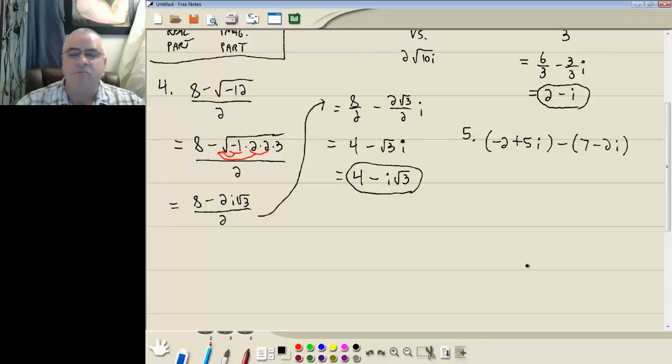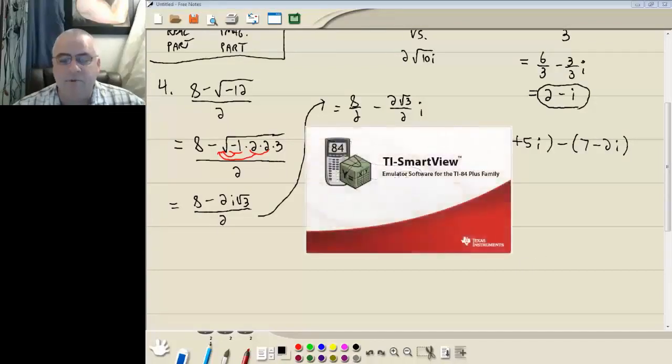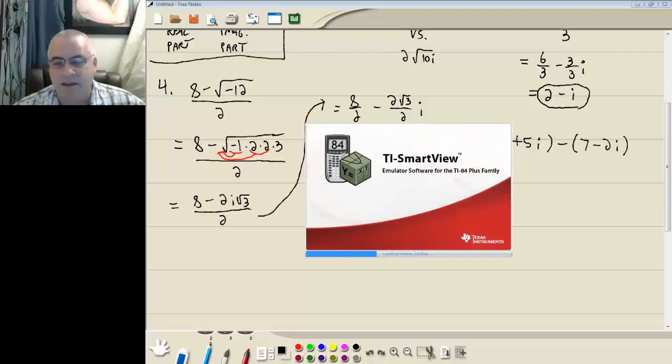Okay, so we got negative 2 plus 5i minus 7 minus 2i. And let me go ahead and get my calculator up and running. We're going to find that you can also do these on your calculator, which is kind of nice. Now, you can't do 100% of this section on your calculator, otherwise I'd emphasize it more. But you can do some of the problems.